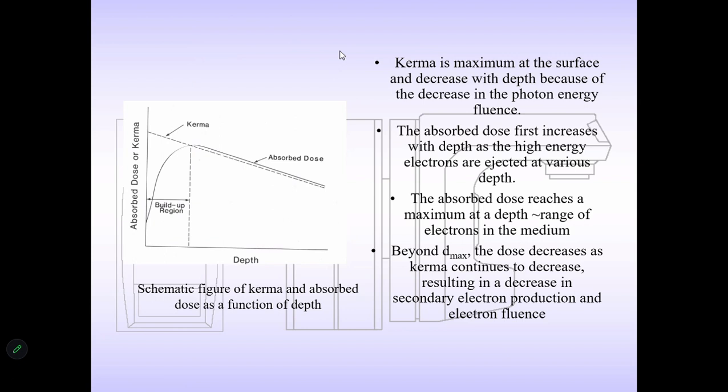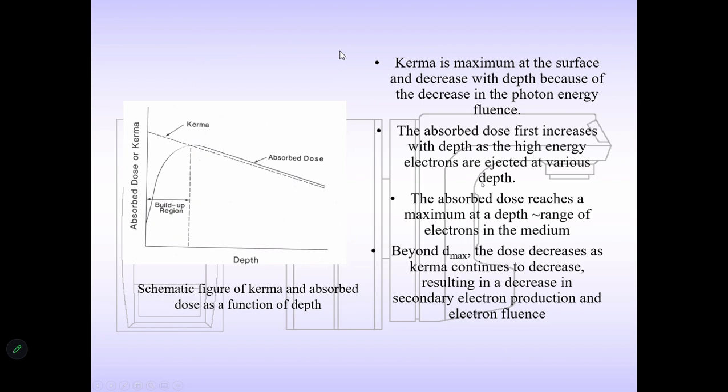So the Kerma is maximum at the surface, and it decreases with depth because of the decrease in the photon energy fluence. Fluence is the number of particles per unit area.